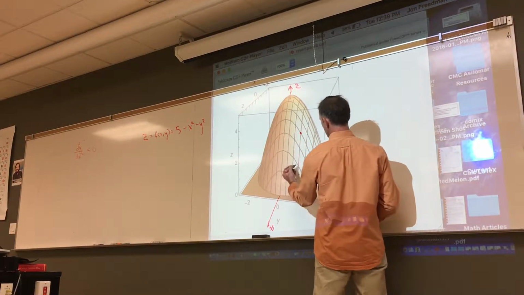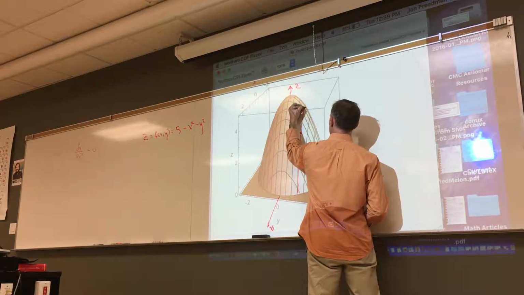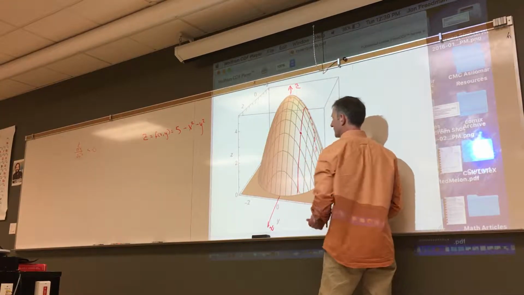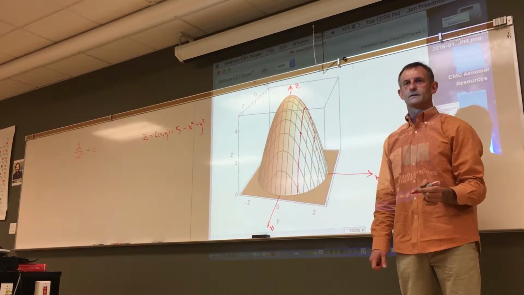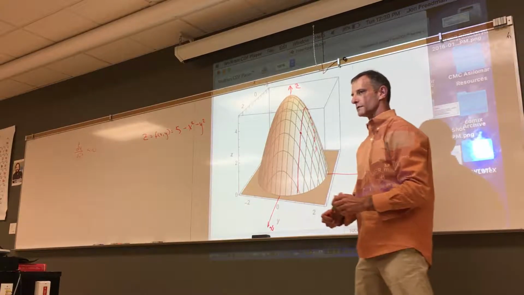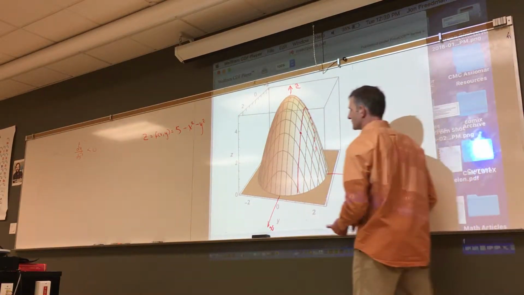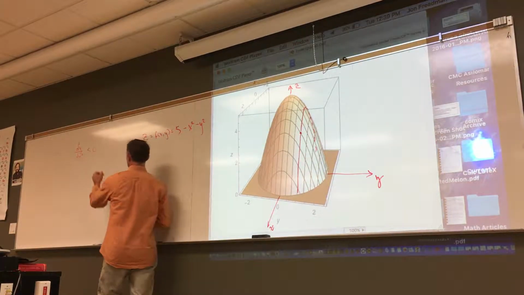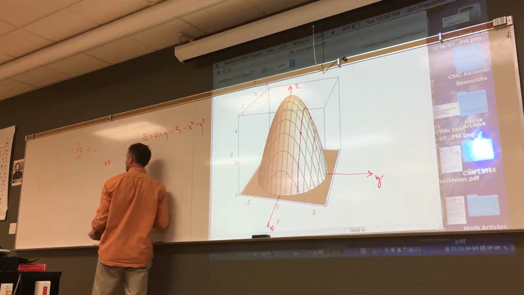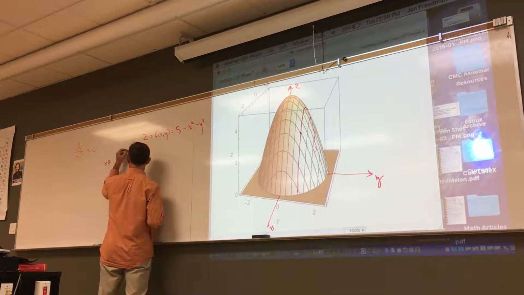That is, this curve. Can we agree about that? Still okay? So I'm looking at it in terms of xz, right? Parallel to the xz plane. I'm looking at something that looks like this.